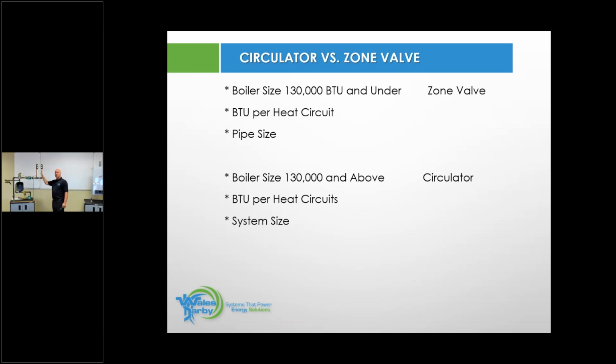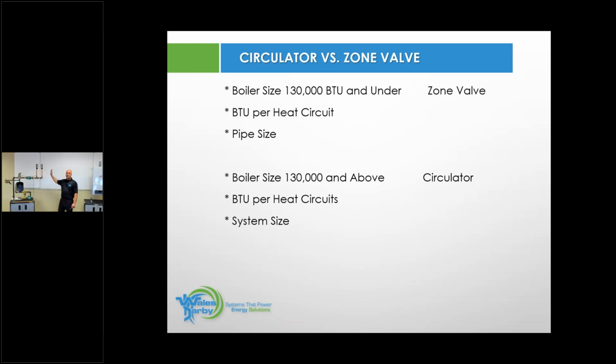I could do this with circulators, and if I just went with a typical AC 007, or I went with a 3-speed circulator and put it on the no callback speed of high, my delta T from my supply to my return and the water going back to the boiler is probably going to be single digits its whole life. So we're not really designing systems around a single digit delta T. So that's why we would go with one circulator with multiple zone valves.